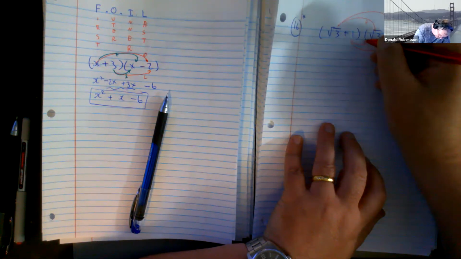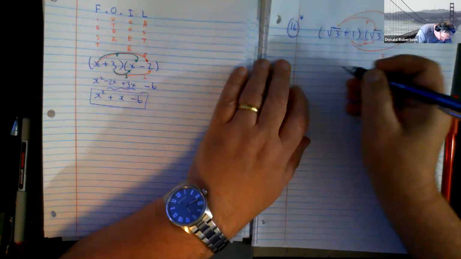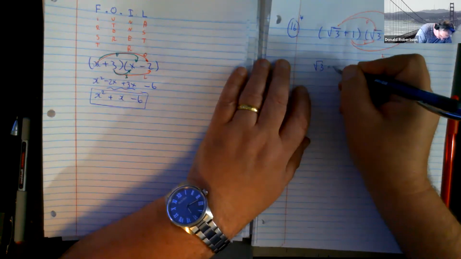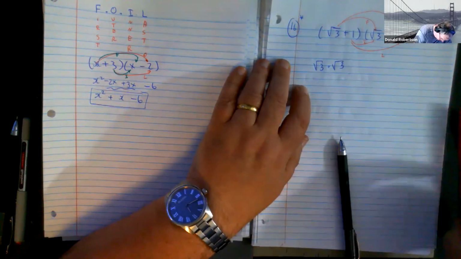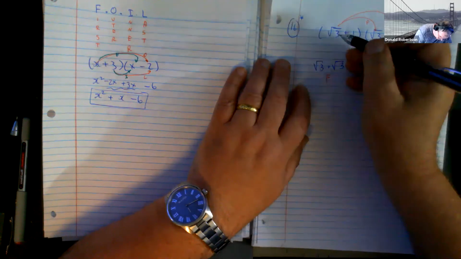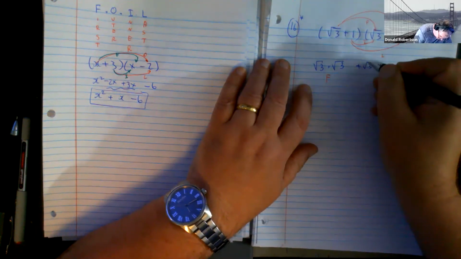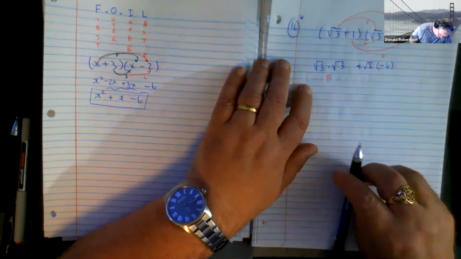F, O, I, and L. The square root of 3 times the square root of 3. That was the first. The square root of 3 times negative 4, so it's a square root of 3 times the number negative 4.